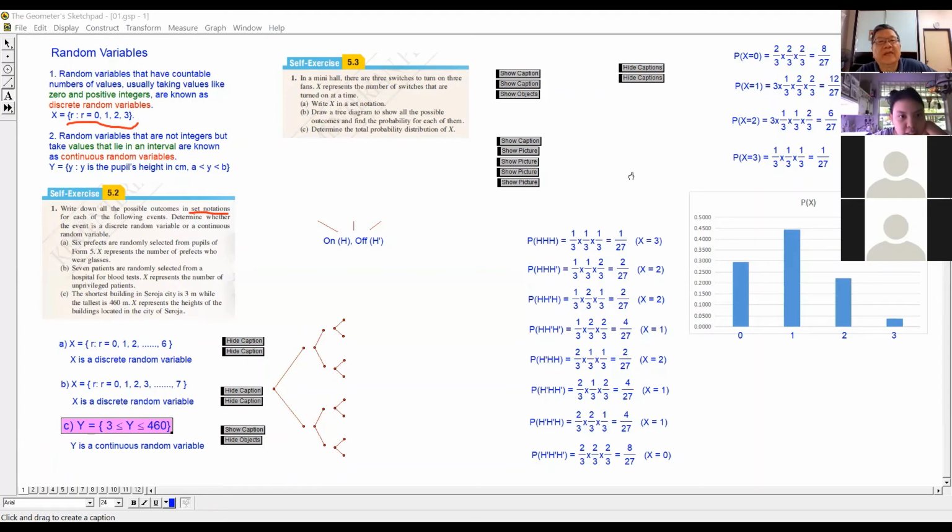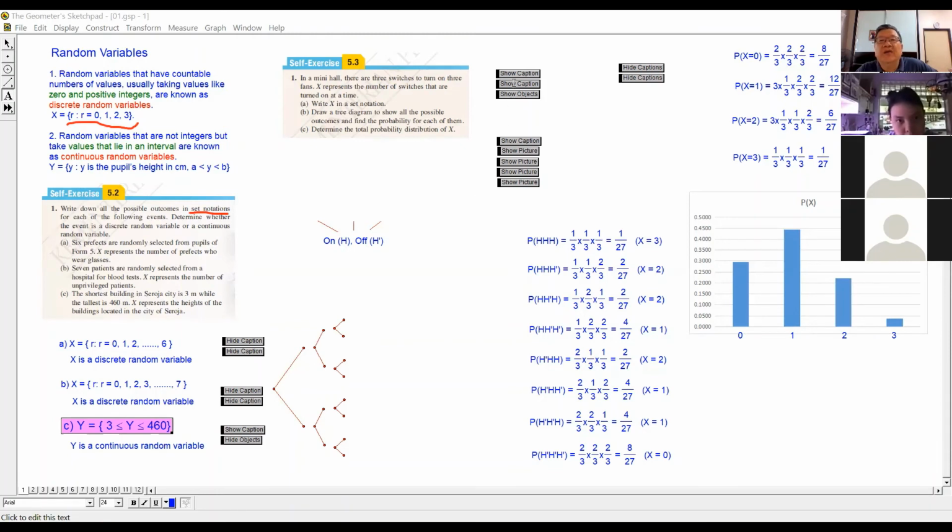A. Write X in a set notation. B. Draw a tree diagram to show all the possible outcomes and find the probability for each of them. C. Determine the probability distribution of X. Okay, of all these, A and B, you know what they are talking about. Probably C, I have to explain to you, right?